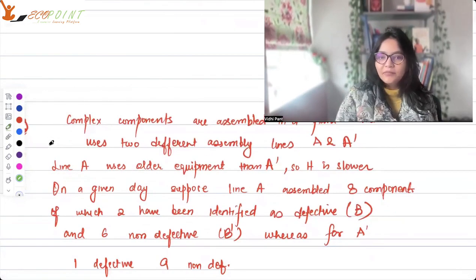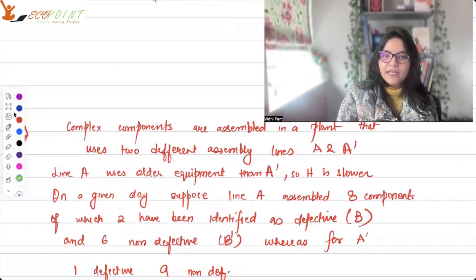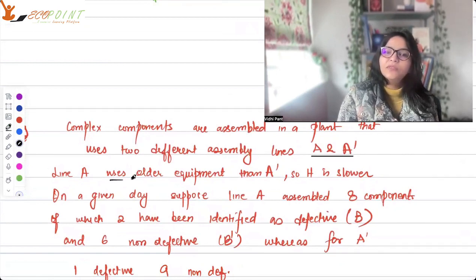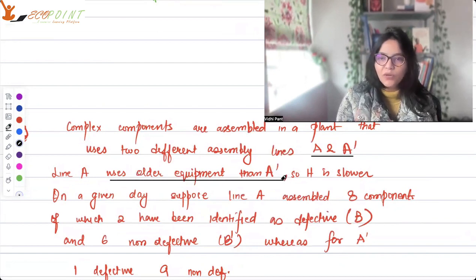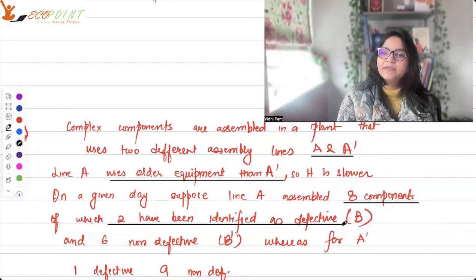Let's take another example for clarification. Complex components are assembled in a plant that uses two different assembly lines. So two different assembly lines or techniques are used, A and A dash. Line A uses older equipment than A dash, so it is relatively slower. On a given day, suppose line A assembled 8 components, of which 2 have been identified as defective.